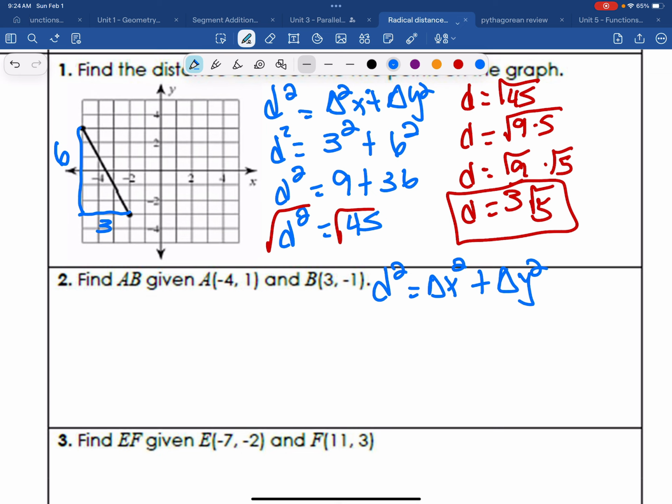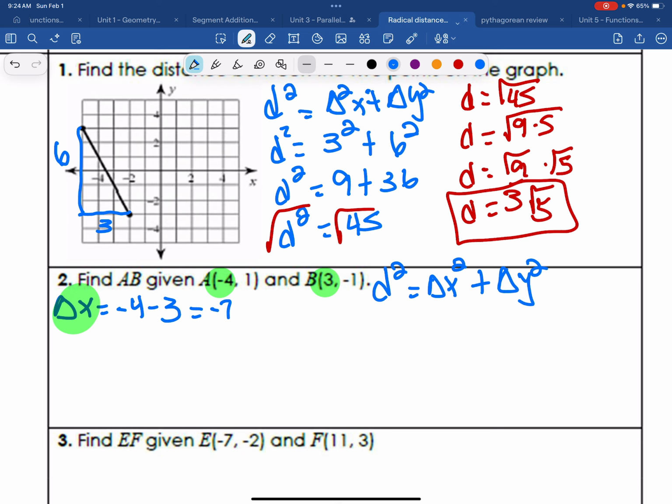The first thing I do is change in x. Change in x would be my x values. So that would be negative 4 minus 3, which would give me negative 7. We're dealing with length and distance, and we know that length and distance can never be negative.